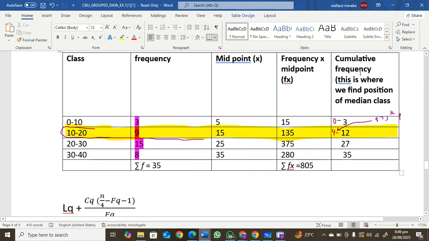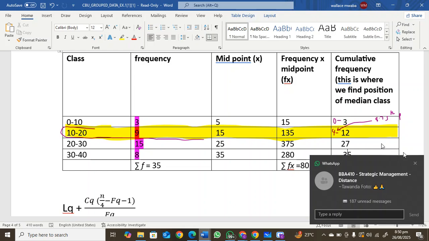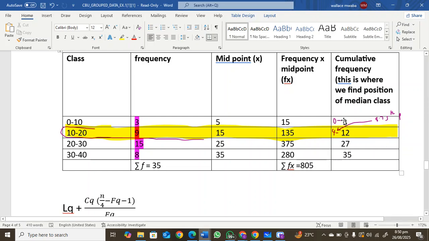That's how the cumulative frequency is. It's like from 0 to 3, 4 to 12, then here 13 to 27, 28 to 35. Yes, madam, you are looking at the right data. This cumulative frequency column, madam, the way you translate this, okay?